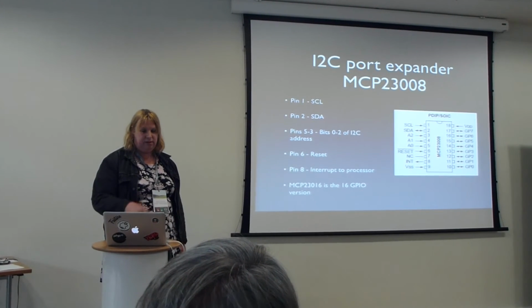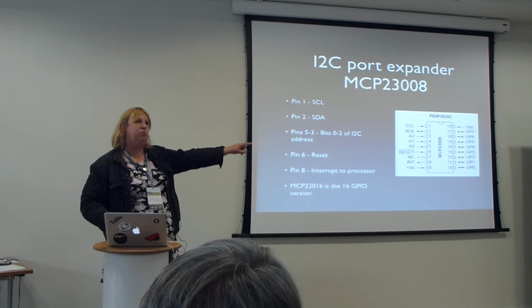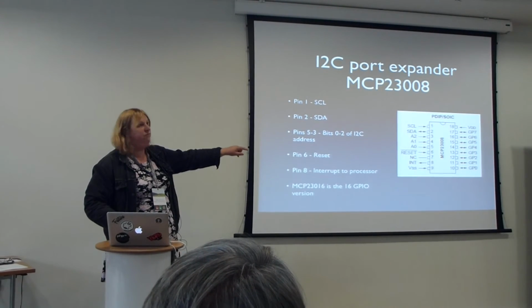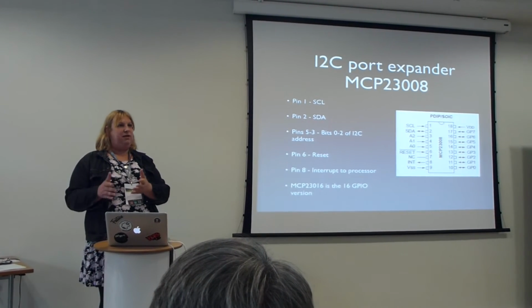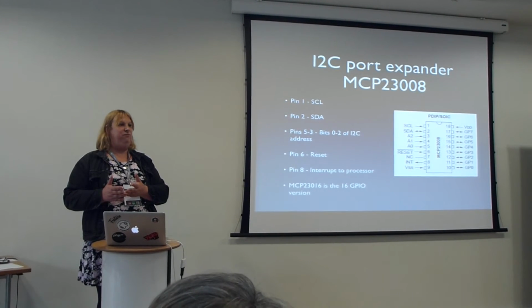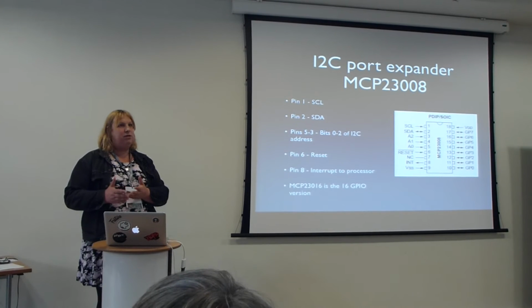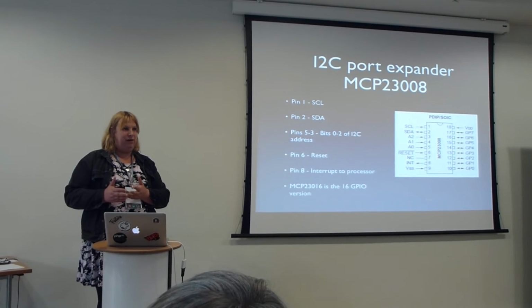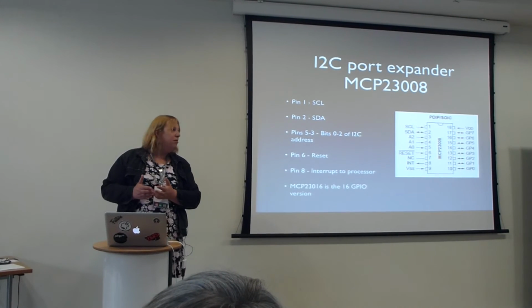There are 3 address pins which allow you to tweak the base address. You find this quite typical, because if everything just has a fixed I2C address and you want more than one on your bus, they'll conflict. You can end up talking to both of them at the same time. So most I2C devices have a way of strapping pins to change the address.